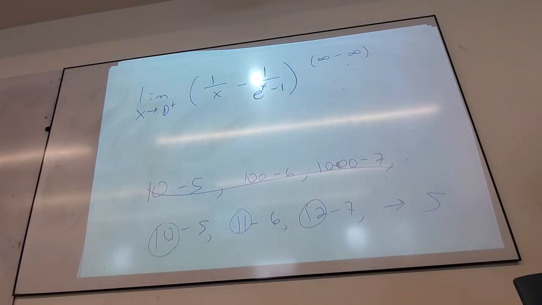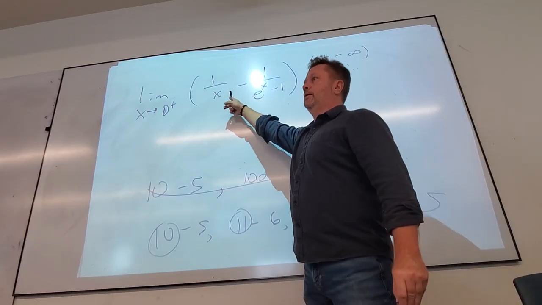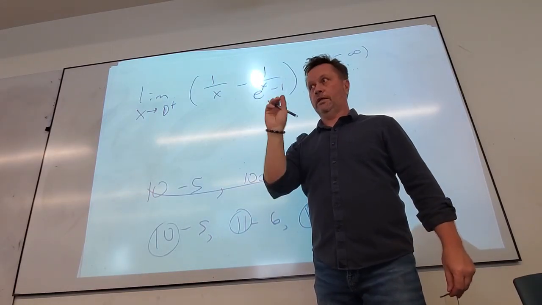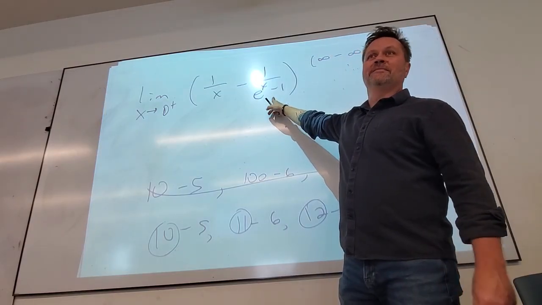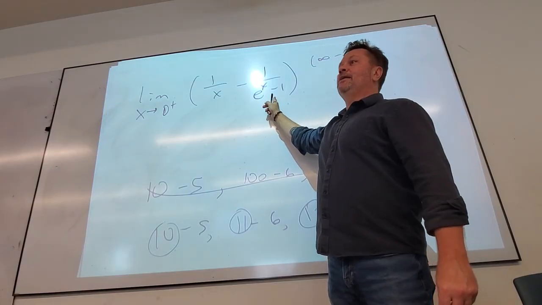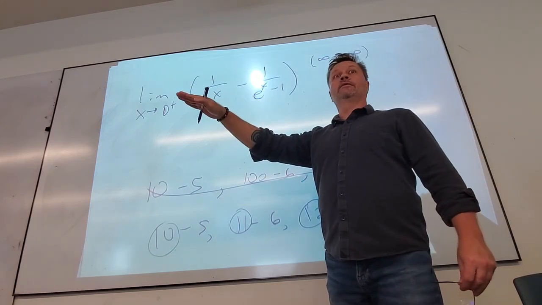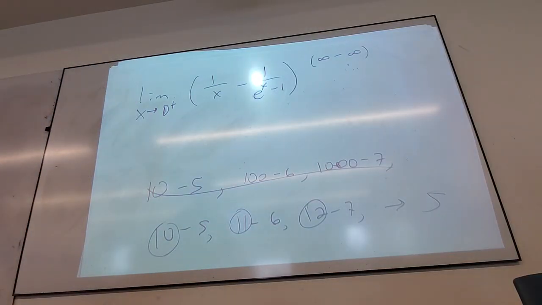So some of you freak out. But, I mean, what does he have on the bottom? May I ask you a weird question? The answer is no. I'm telling you right now, the answer is no. Does he have an x on the bottom? He does not have an x on the bottom. He has an e to the x minus 1. That's what he's got. He's got no x. Sort of like, do you agree with me that 1 over 8 has a 4 in there?